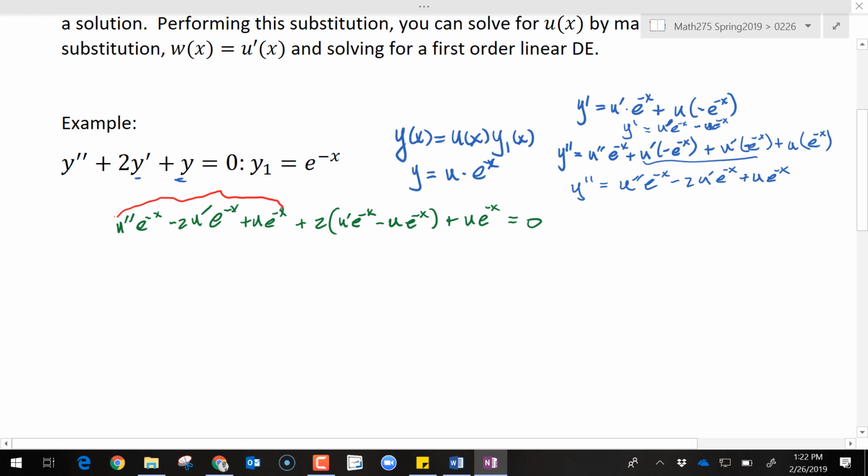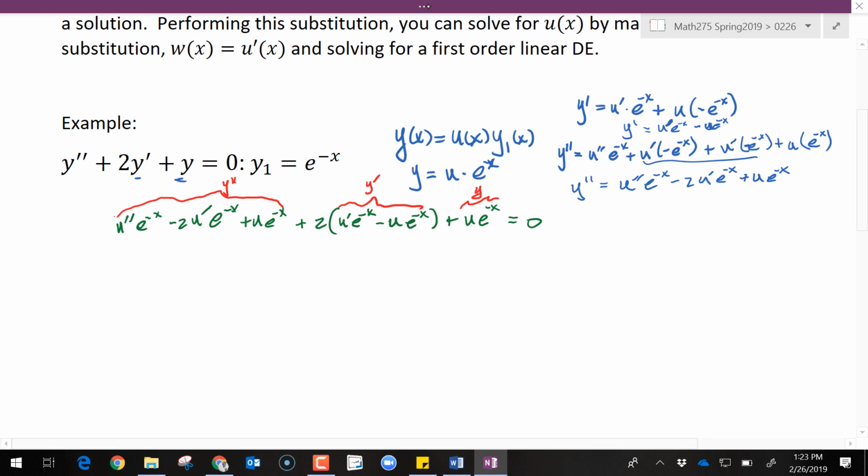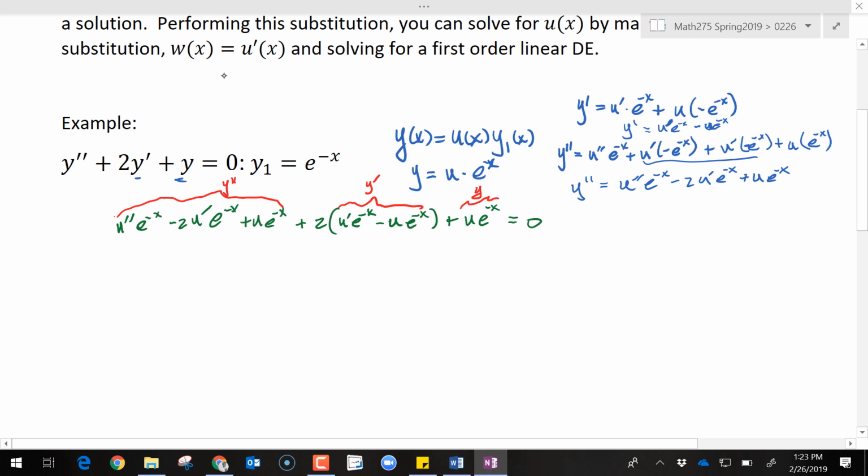Yeah, there's some stuff that we can factor out. So this is y double prime, y prime, and y. We can definitely do that. Yeah, let's see. E to the negative x, factored out. What do we have left?